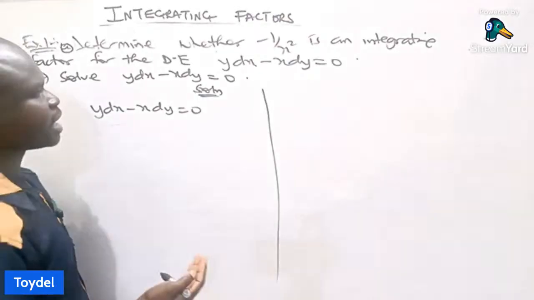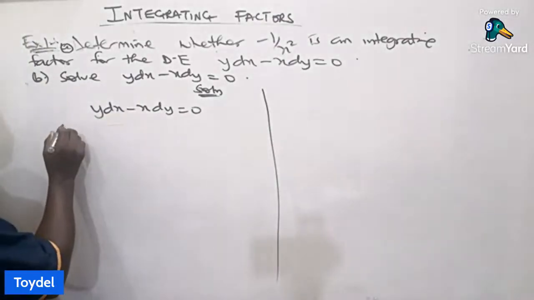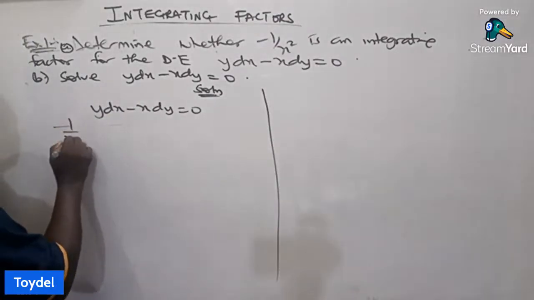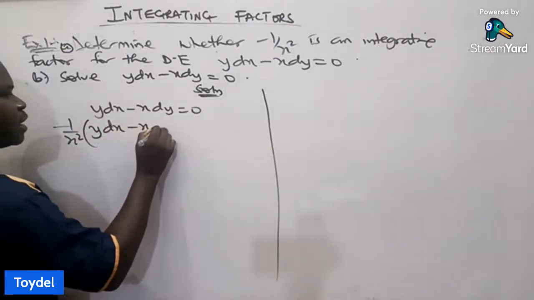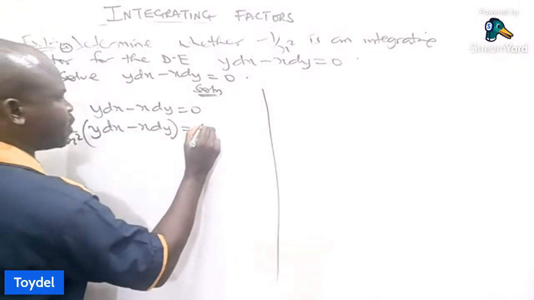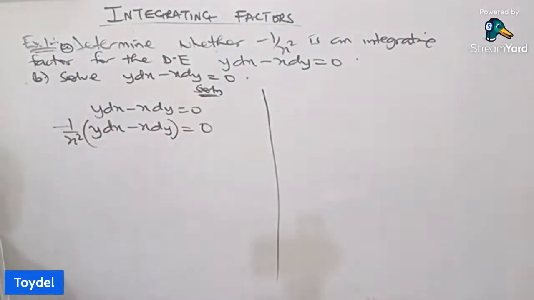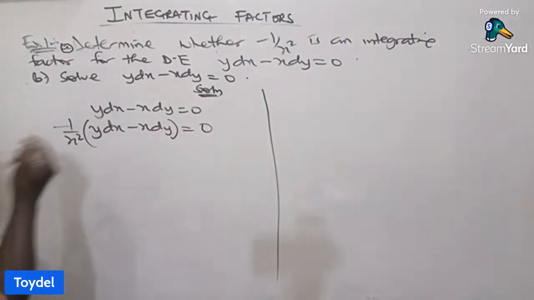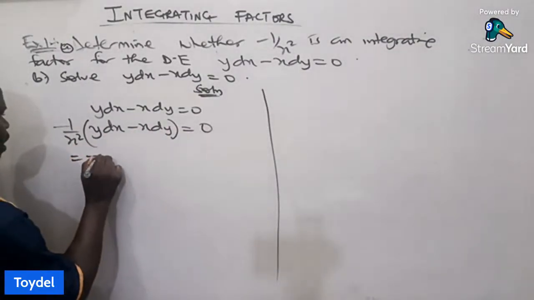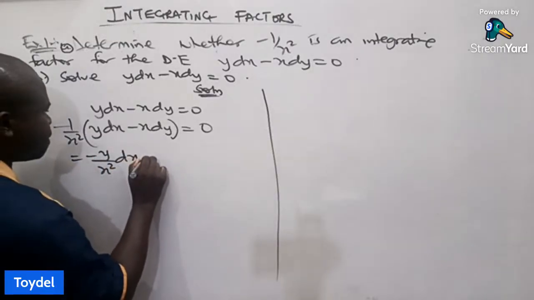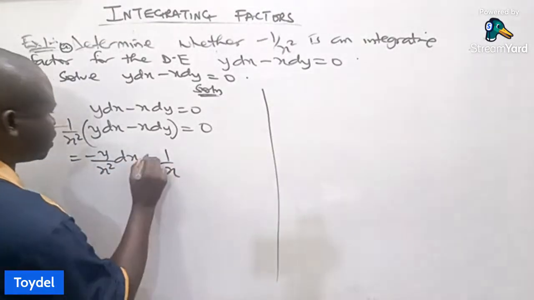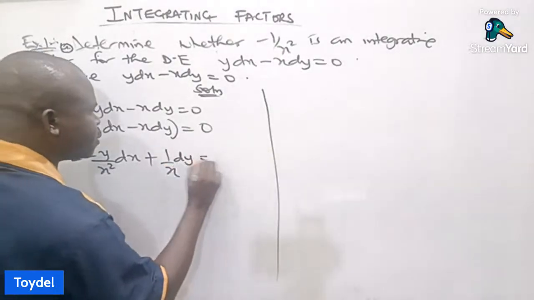Now test for exactness. We are going to multiply through by minus 1 over x squared. Of course, the right side is 0, and anything multiplied by 0 is 0, so we don't have any problem. Then from here, we have minus y over x squared dx, minus 1 over x times minus dy, this will be plus 1 over x dy, equal to 0.